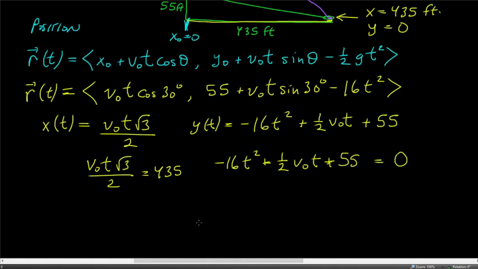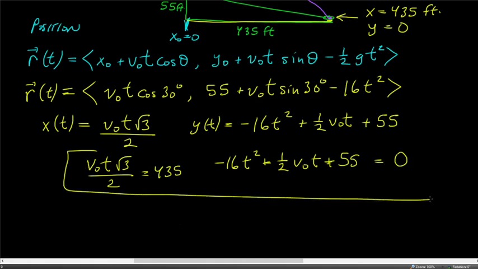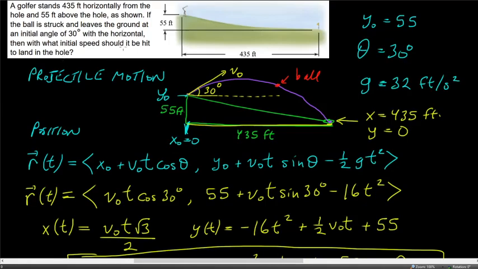That should be 0. And yep, this gives us two equations. But we also have two variables, v0 and t. And the question is asking for the velocity. We don't care how long it takes. We don't care about the time.